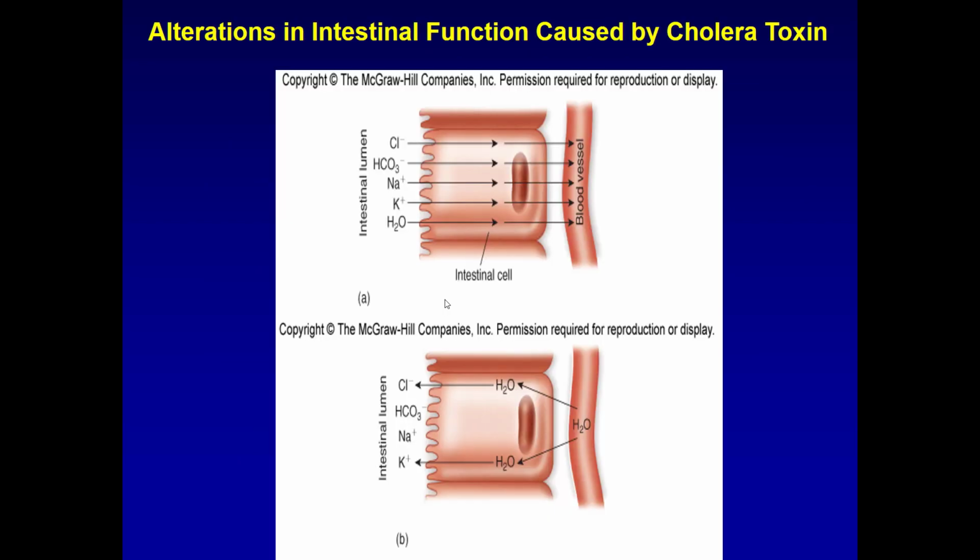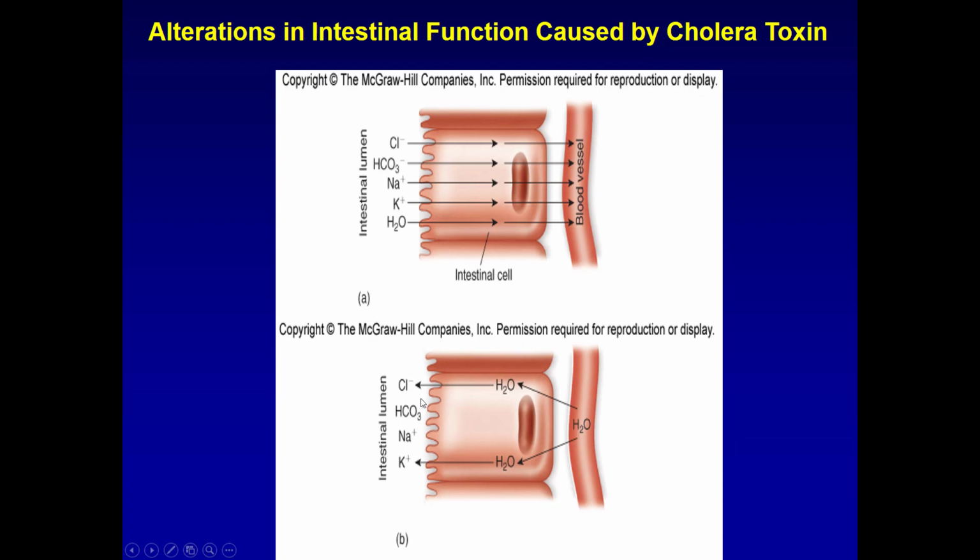But this is the next graphic that I want you to be at least aware of. So here are all the ions coming through your intestinal lumen, and under normal conditions all of these ions are going to be absorbed through the intestines into the bloodstream.